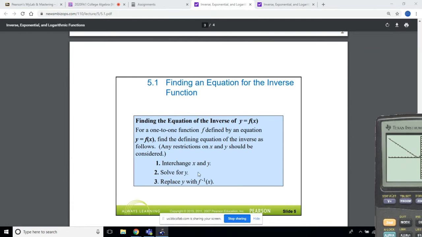We'll solve it for y, and then we'll replace y with the f inverse of x symbol. So this is actually read as not f of -1 of x, this is f inverse of x. So that -1 superscript you see is actually the inverse symbol. So this is read as f inverse of x. So we're going to follow these 3 steps.